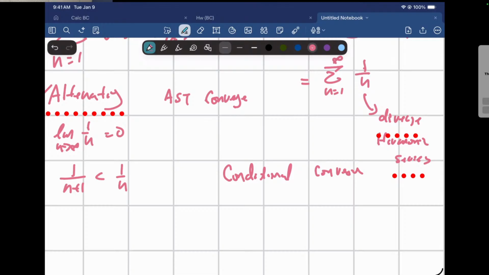That's why we do the direct comparison test with 1 over n squared. And that way, we know it's still absolutely convergent. Does that make sense? Wait, so what would this still be? This is conditional. The AST just proves it converges. It's not always absolute convergence. Yes. So doing absolute value tells you what type of convergence it is?